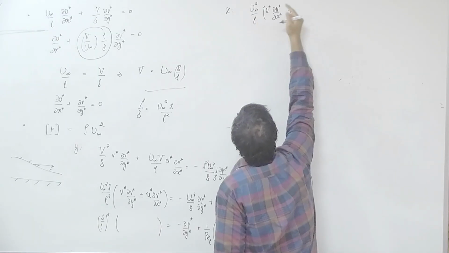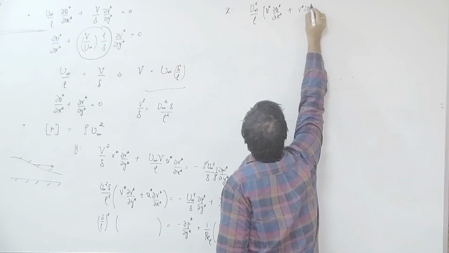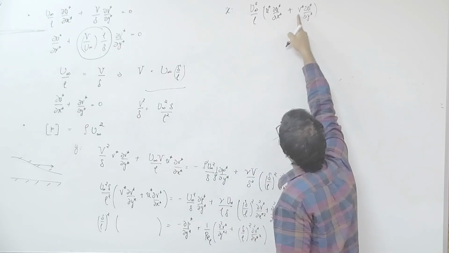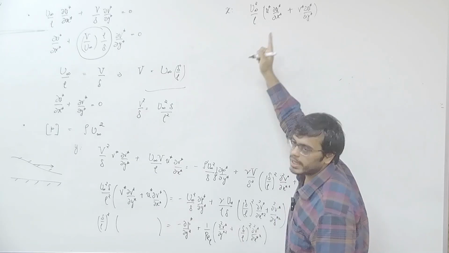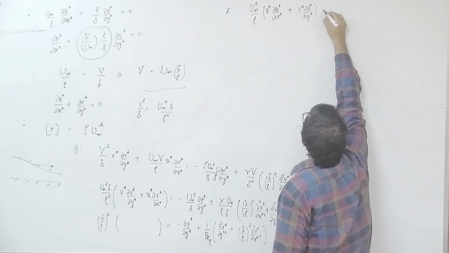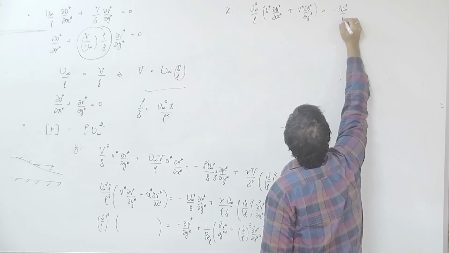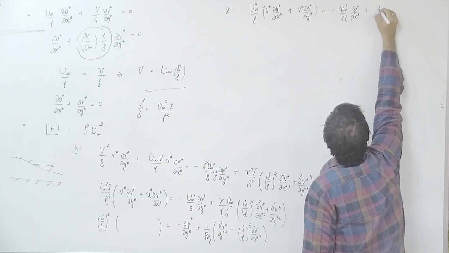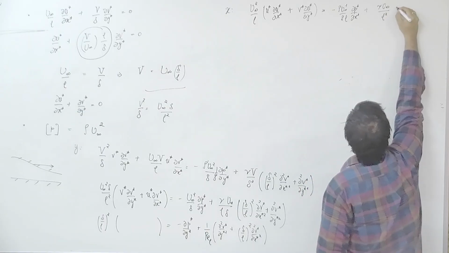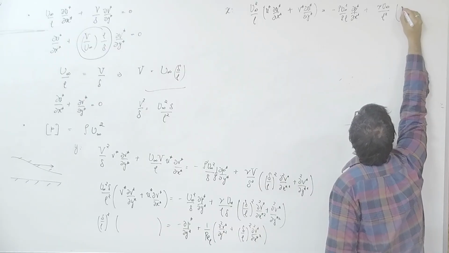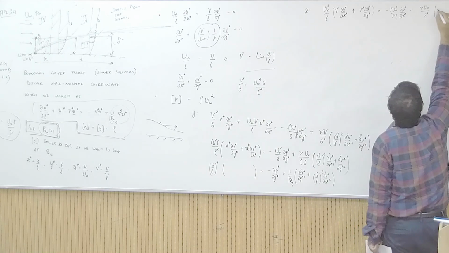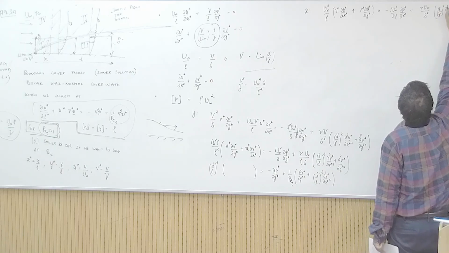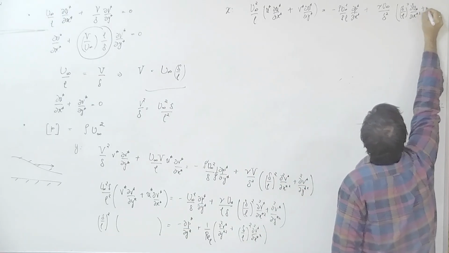You can show that you will get the same coefficient in front of the other term when you non-dimensionalize, because you will have a v coming and then you will have a v by delta which is the same as U infinity over L. So you can get the same term here and then we will have minus rho U infinity squared over rho, del p star over del x star L, and then a plus nu U infinity over L squared, and then, let's write delta squared here, and then we will have delta over L whole squared, del 2 u star over del x star squared plus del 2 u star.